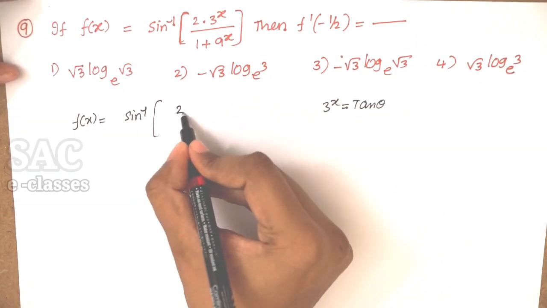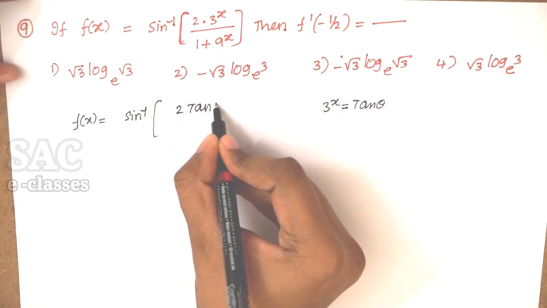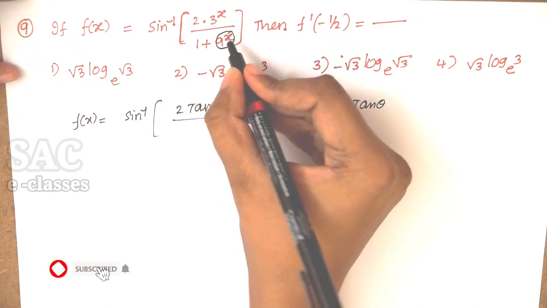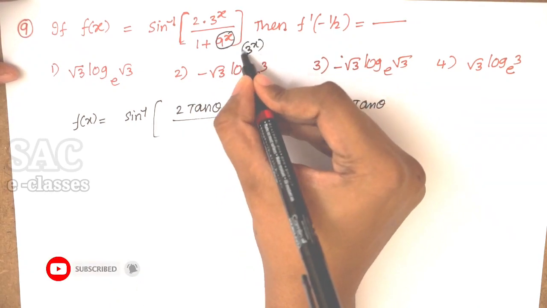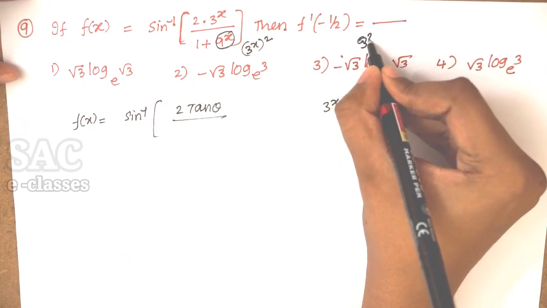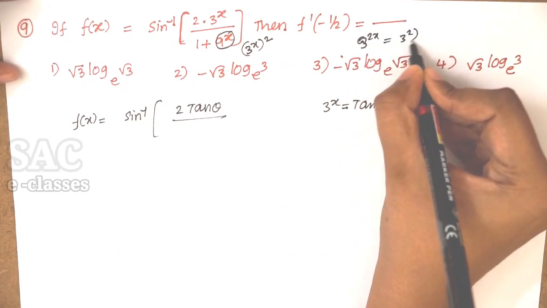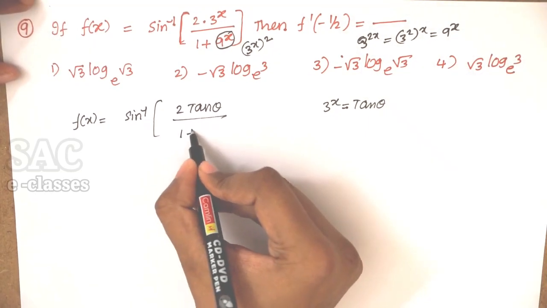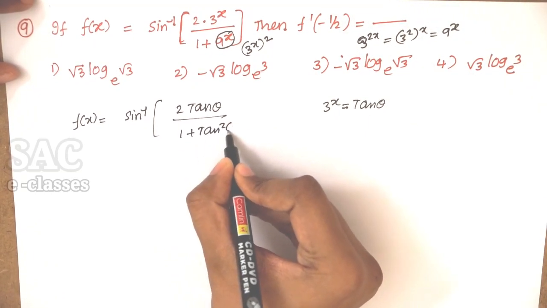But it must be in the form of 1 plus tan square theta. So 9 power x I am expressing as 3 power x whole power 2, because 3 power 2x can be written as 3 square whole power x, which is 9 power x. 1 plus tan square theta.